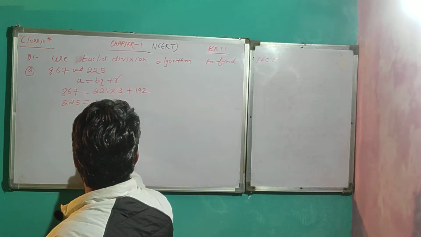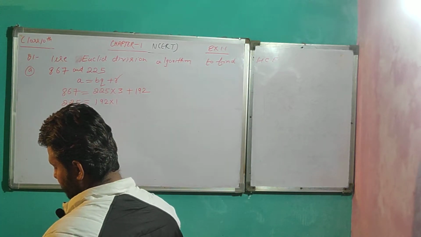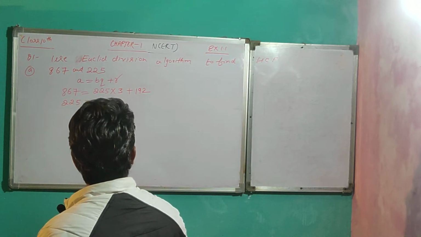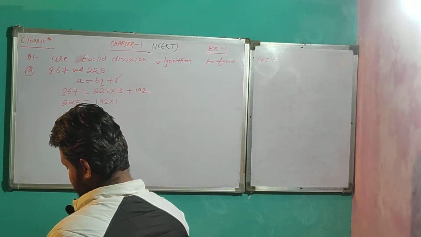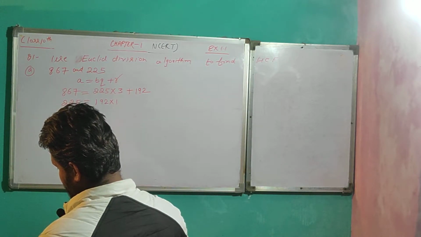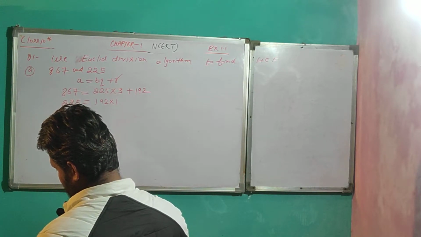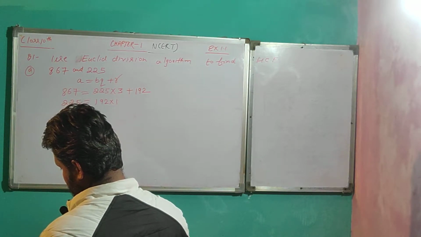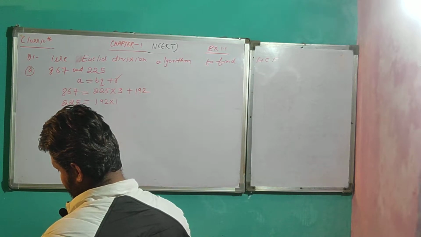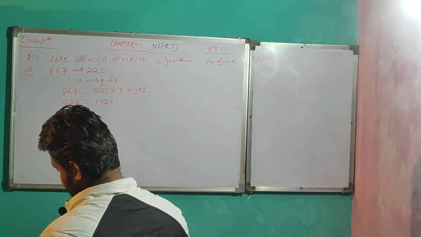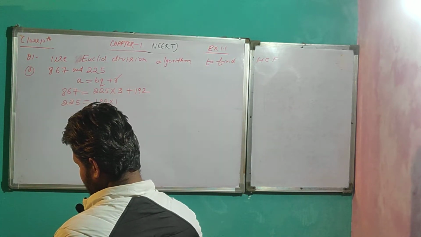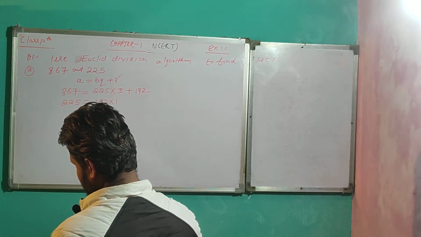Okay, 225 into 4 is 900, 225 into 3 is 675.